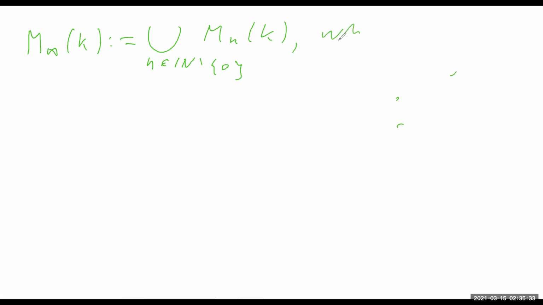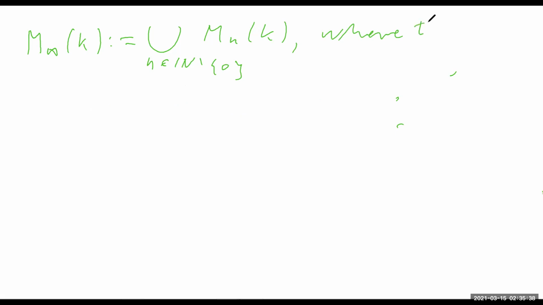I have M infinity of K. This is by definition the union over all natural numbers without zero of M_n(K), where we're making sense out of this union.